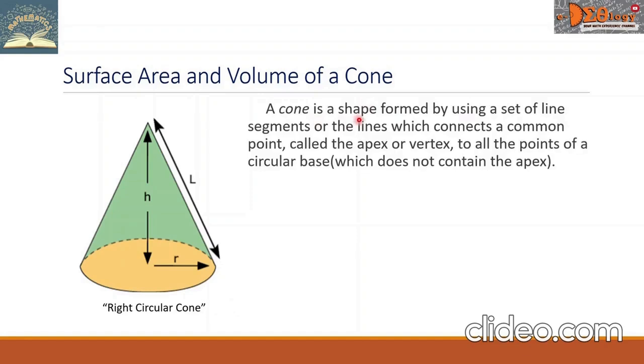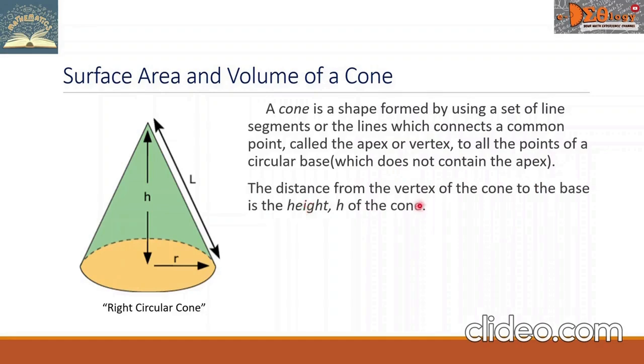A cone is a shape formed by using a set of line segments, or the lines which connect a common point called the apex or vertex to all the points of a circular base, which does not contain the apex.